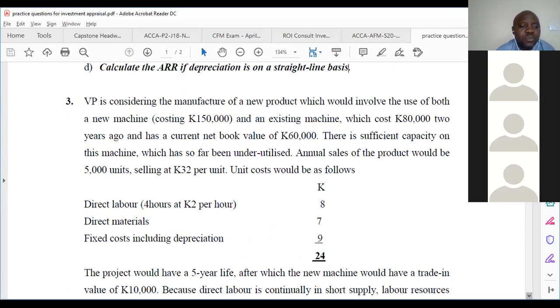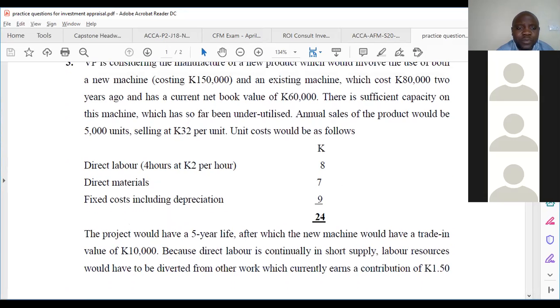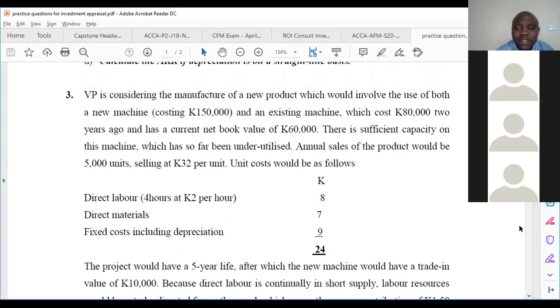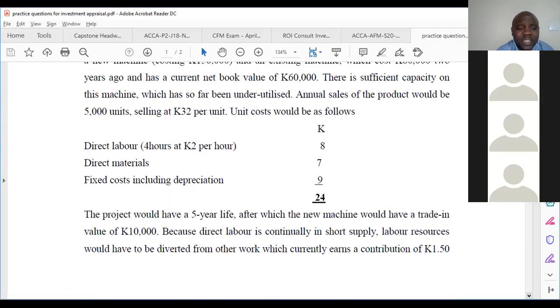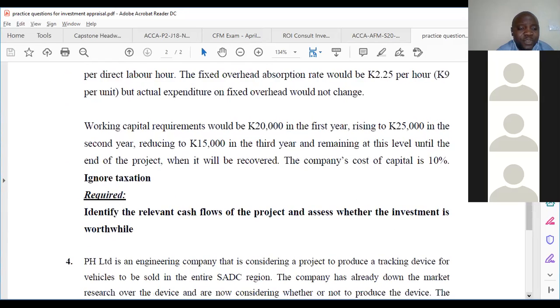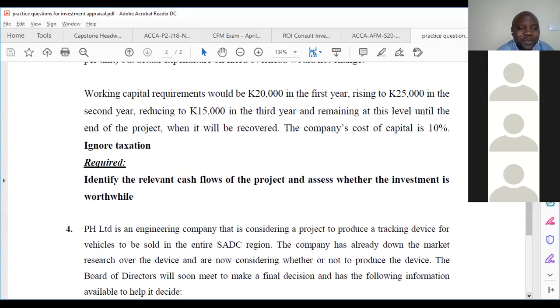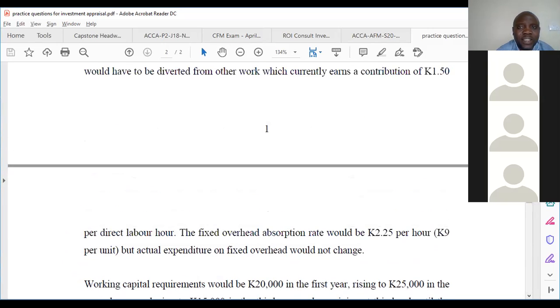If tomorrow I'm in a good mood, you just pray that I'm in a good mood. Around the same time, we can look at the relevant cash flows. I can explain for the second or third or fourth time what is relevant and what is not relevant.